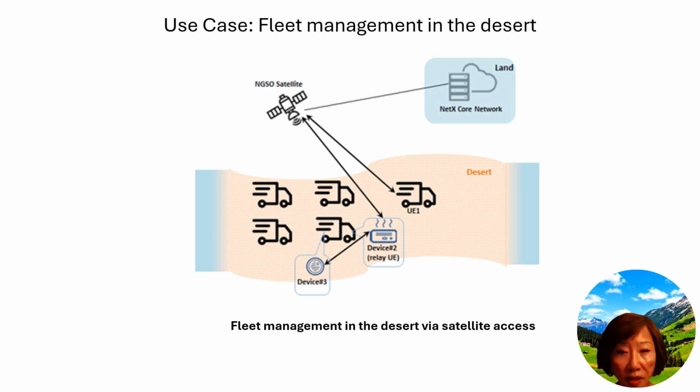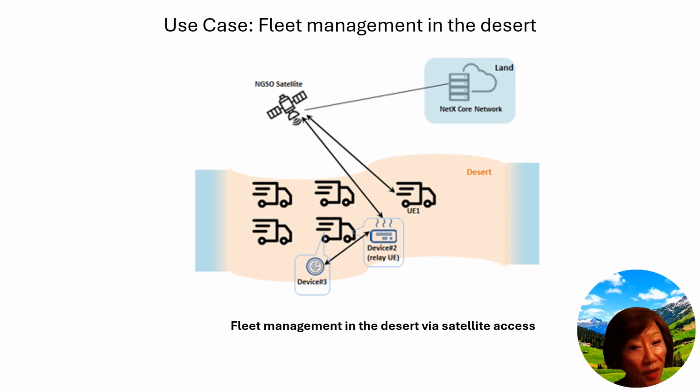So what is this demonstrating are the key capabilities of satellite integrated 5G systems. The ability to provide connectivity in remote areas where terrestrial networks are not available, for sure, that's one. It supports IoT and M2M communications in wide area scenarios and in harsh operating conditions.